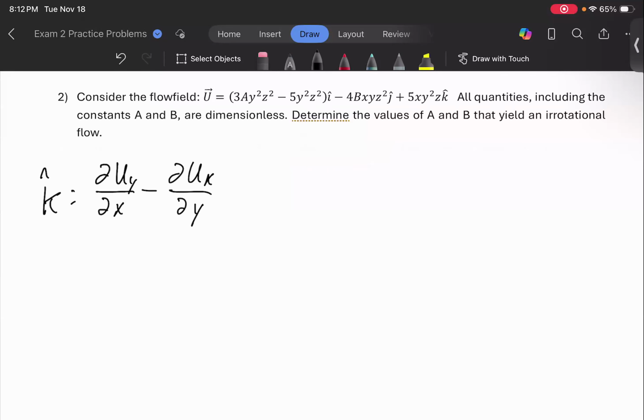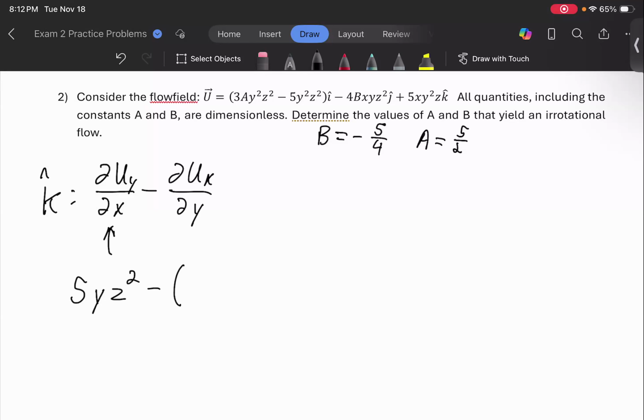What I had found in the solution is b equals negative 5/4, a equals 5/2. So for this component, what we get is x 5/4. We get 5 y z squared, because we have the negative that cancels the negative. And then the only thing that goes away is the x, and we have a negative.